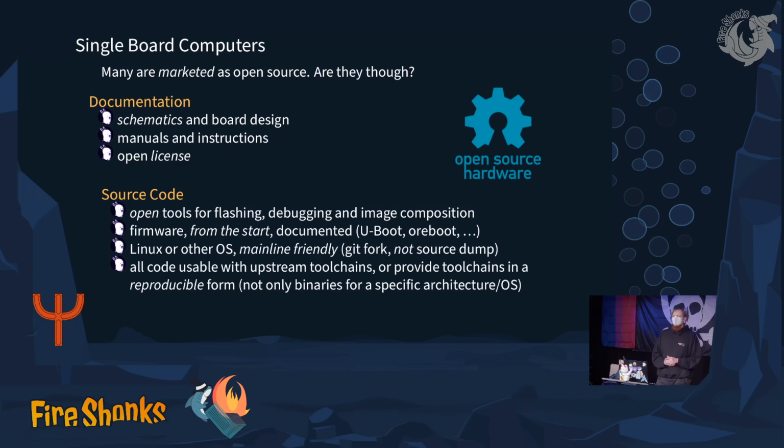I'll add the source code. So, the source code from the start of the device and before that, should be open. There's so many companies who don't have open firmware. For example, Raspberry Pi.